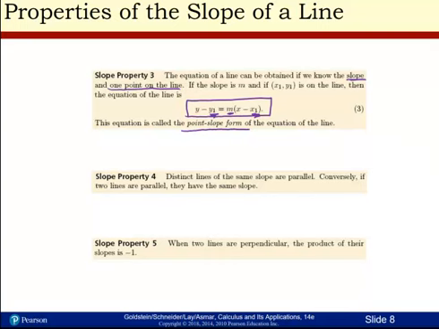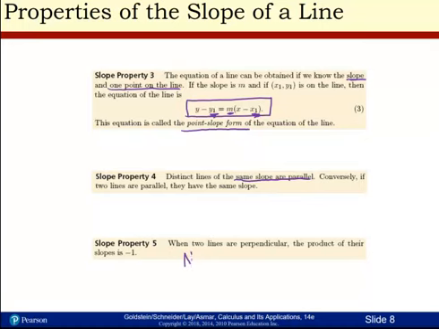Slope property 3. Distinct lines that have the same slope are parallel. Conversely, if 2 lines are parallel, then they have the same slope. Slope property 4, when 2 lines are perpendicular, the product of their slopes is -1. We also say that these slopes are negative reciprocals of each other.